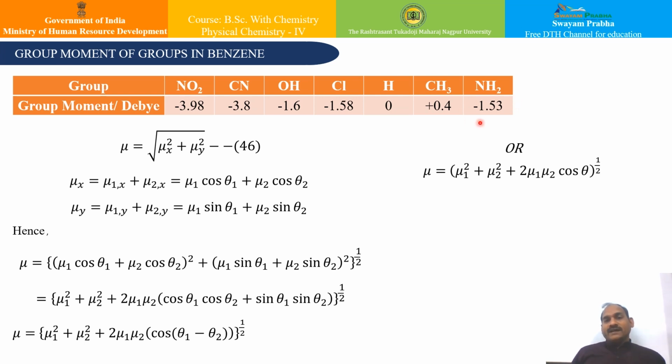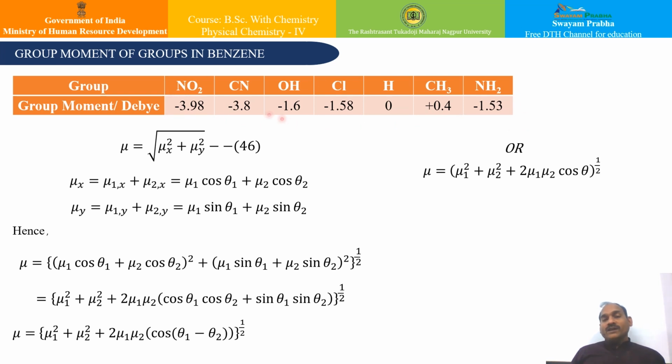As I said, the positive sign implies that the group moment acts away from the benzene ring, which applies in the case of the methyl group, whereas the negative sign implies that it acts towards the ring, as in nitro, cyanide, hydroxide, chloride and amine.